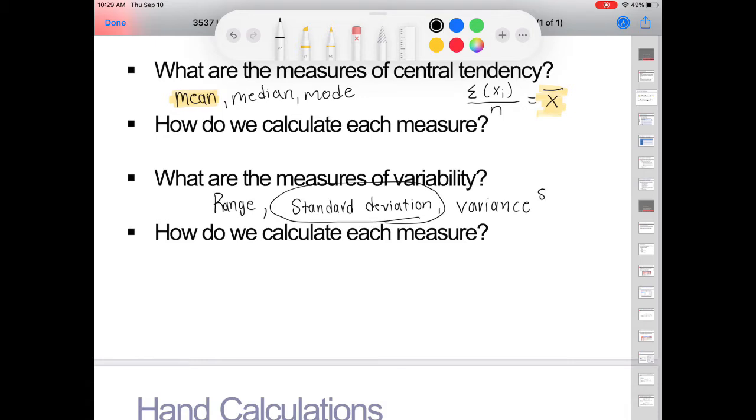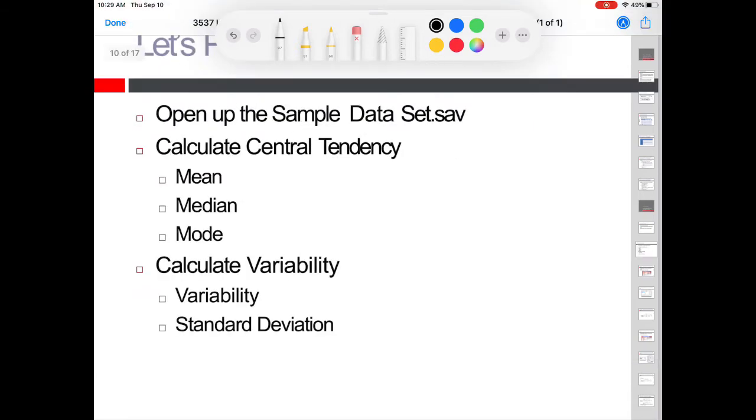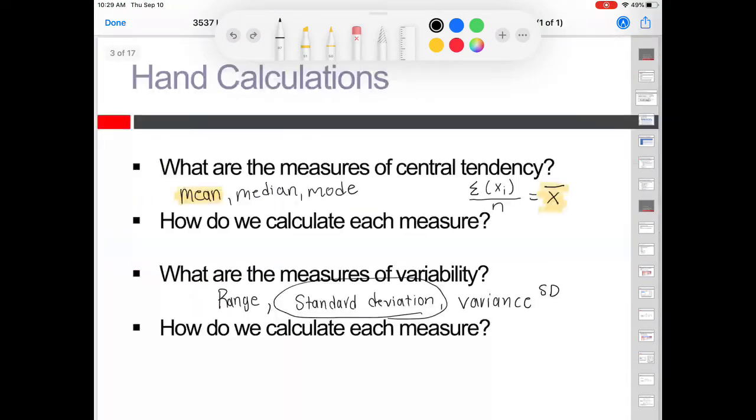And so that's basically our standard deviation squared. That's our variance, but we don't typically report that. Of our measures of central tendency and our measures of variability, most often reported is our mean and our standard deviation, and those are usually reported together.